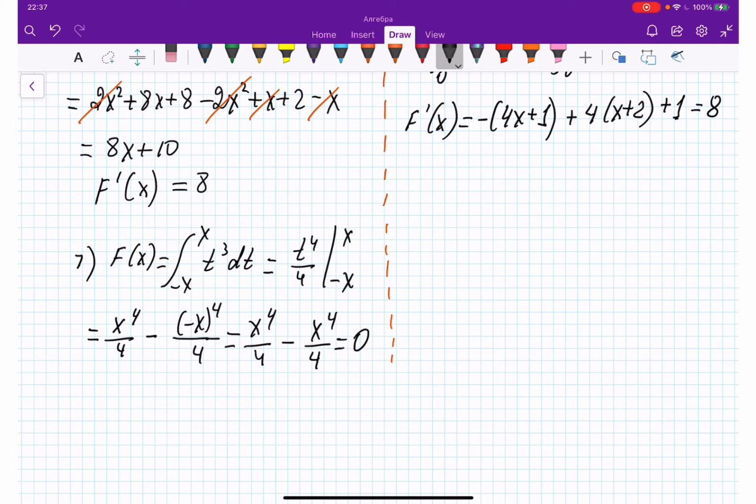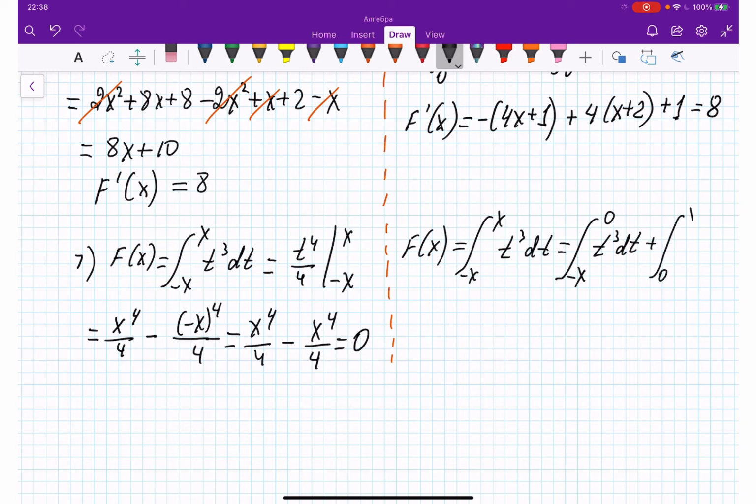So f of x equals the integral from negative x to positive x of t cubed dt, which is equal to the integral from negative x to 0 of t cubed dt plus the integral from 0 to x of t cubed dt.